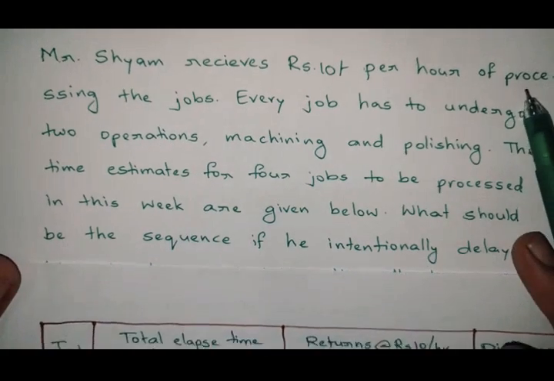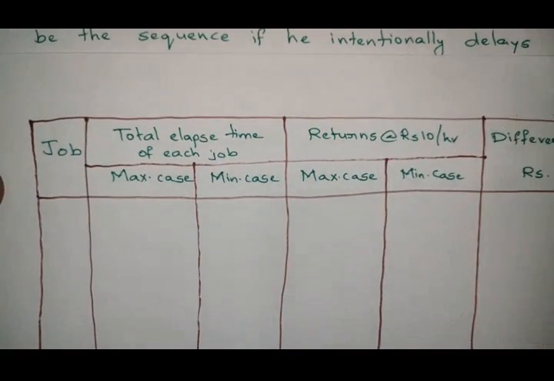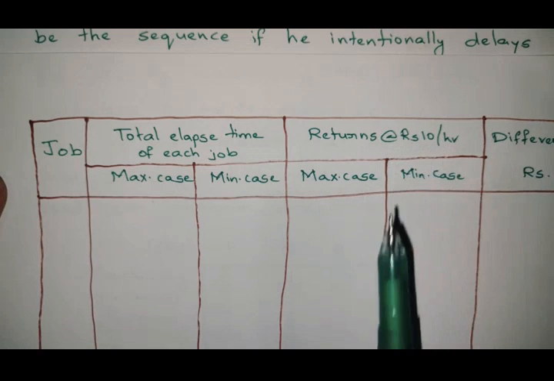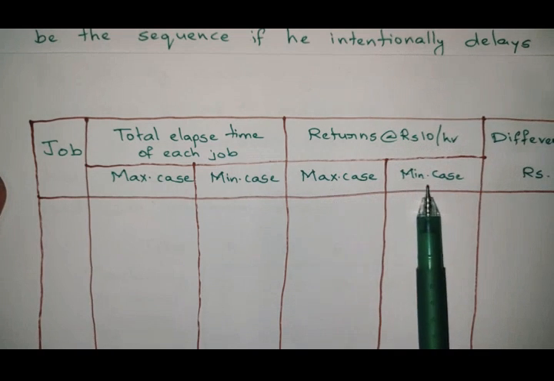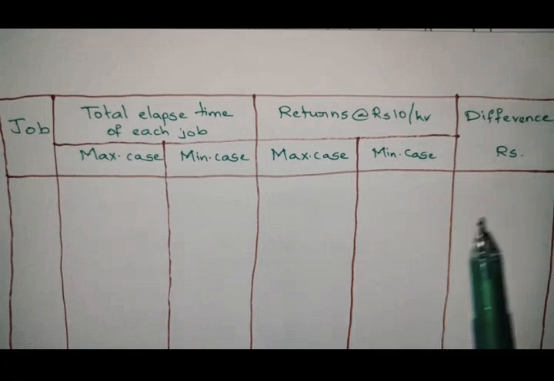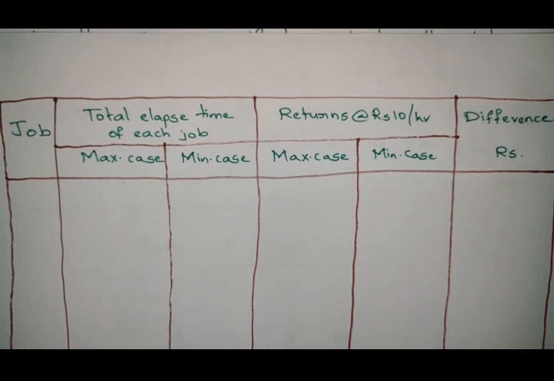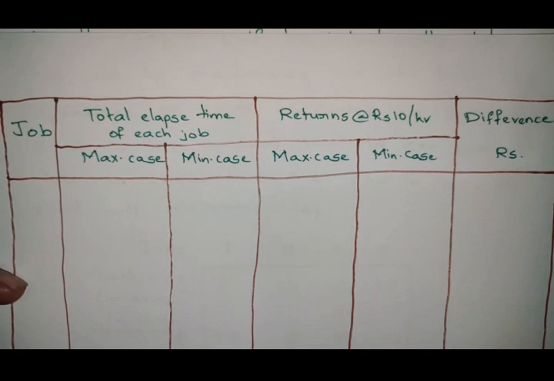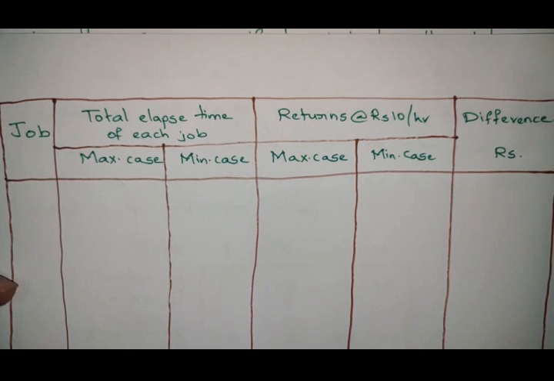That's why I have written returns at 10 rupees per hour in maximization case and minimization case. Next the difference amount we will calculate, whether it is a gain or loss.